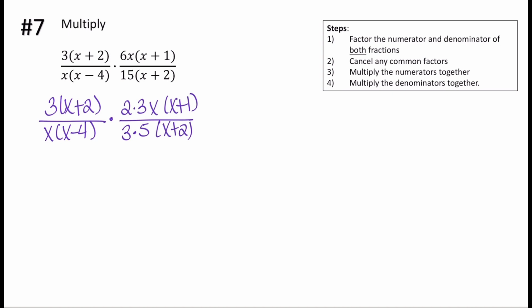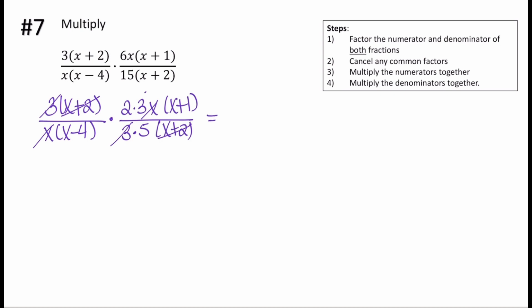Remember, we can cancel anything as long as one is in the numerator and the other is in the denominator. So this x plus 2 and this x plus 2 will cancel. This 3 will cancel with the 3 that's in the denominator. It won't cancel with the 3 that's in the numerator, but it'll cancel the 3 in the denominator. And then we have this x and x that will cancel. I don't see any other factors that will cancel out. So let's see what we have left.